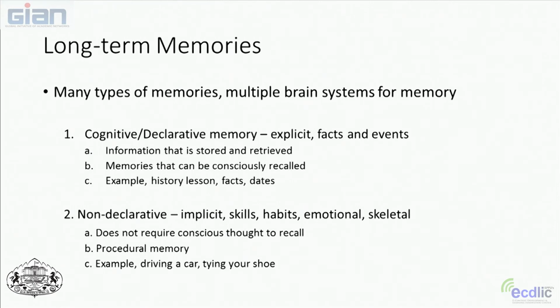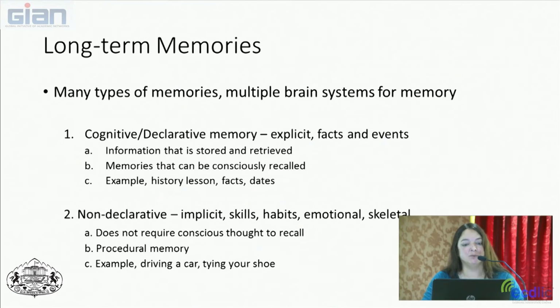So long-term memories can be, as I mentioned, cognitive or declarative, which would be explicit facts or events. They can be information that's stored and retrieved, for example, on exams, history lessons, facts, dates, things like that. And they can be non-declarative, implicit memories: skills, habits, emotional and movement memories.